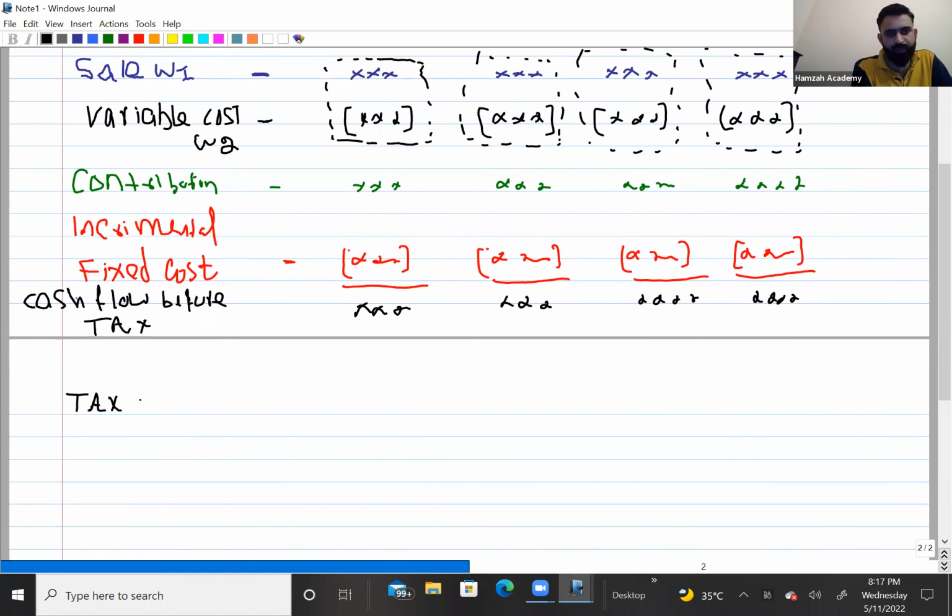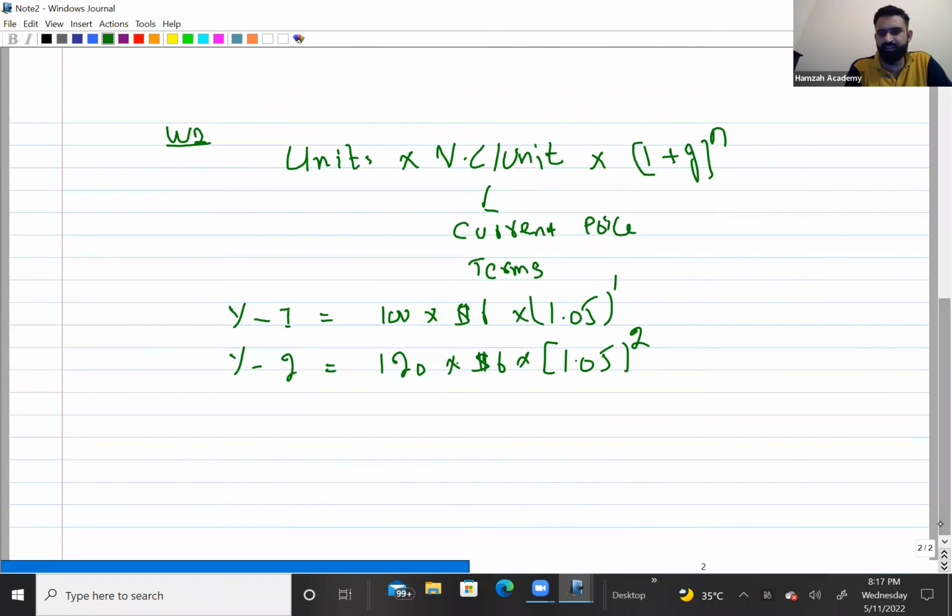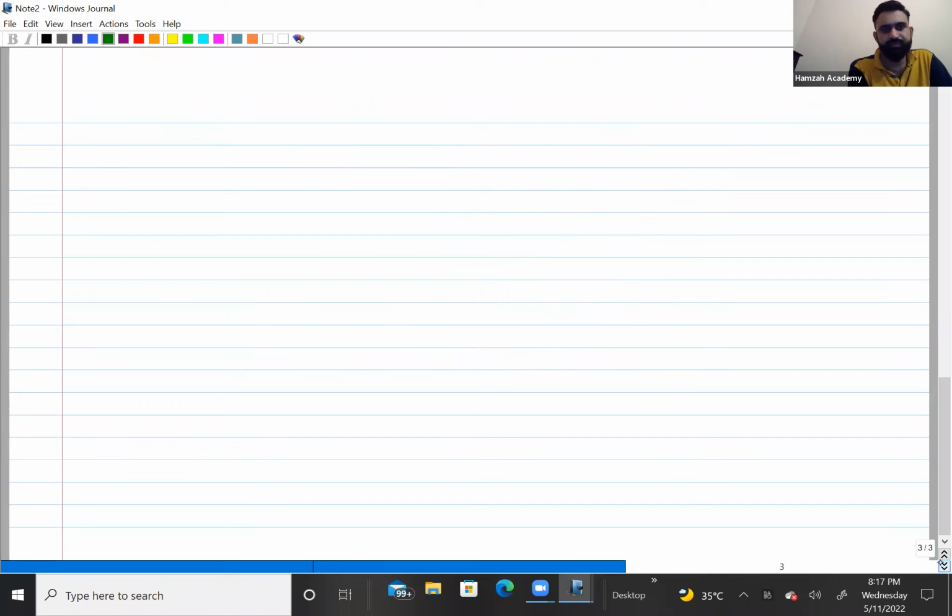Then we will apply the tax. The rate will be given, for example, 30%, and we will calculate the 30% of each cash flow in year 1, year 2, year 3, and year 4. But the point to be discussed here is tax adjustment. Two types of scenarios may be tested in a tax.